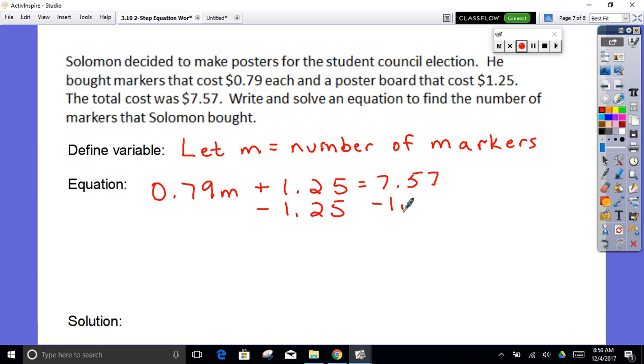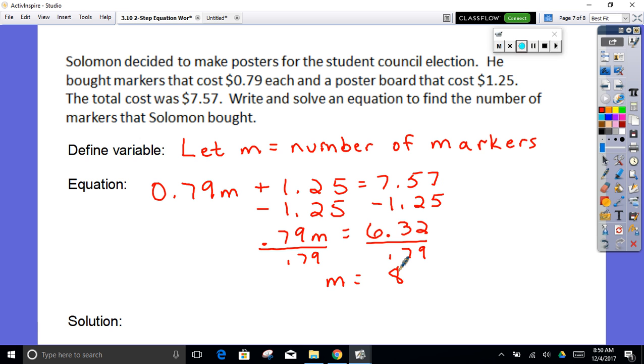So minus, okay, what do you end up with? 0.79 m equals 6.32. Good. And then what do we do? Divided by 0.79 on both sides. Okay, and m equals 8. You get an answer like this and you think, oh, that's going to be an ugly answer, and then it works out just to be 8.